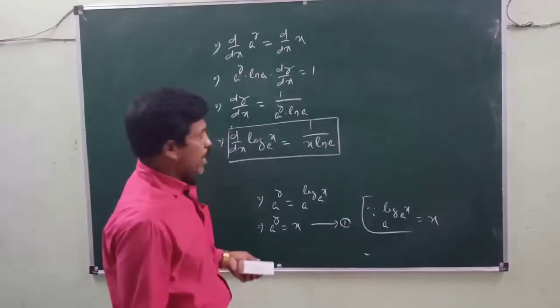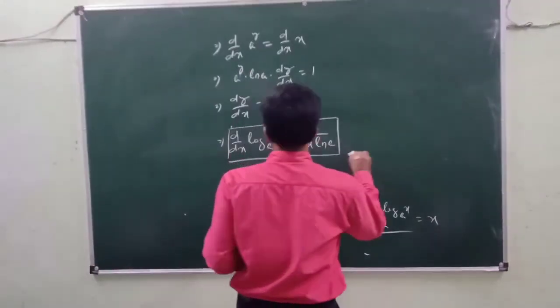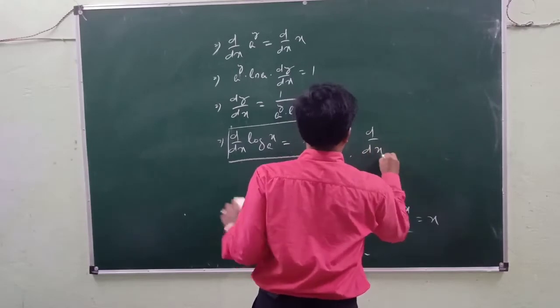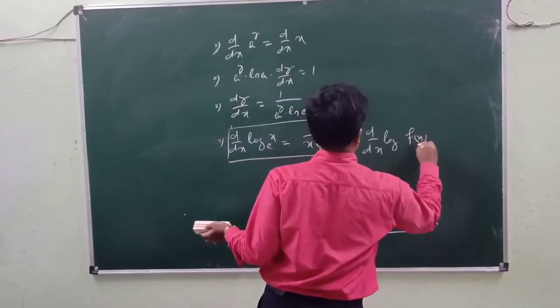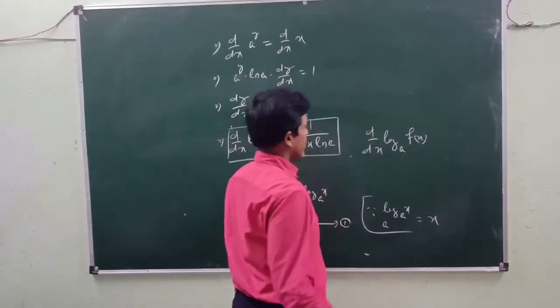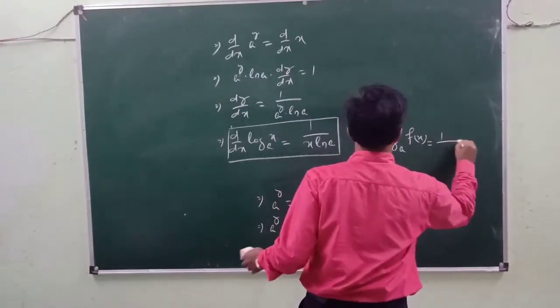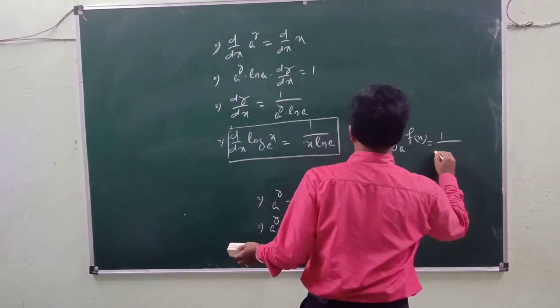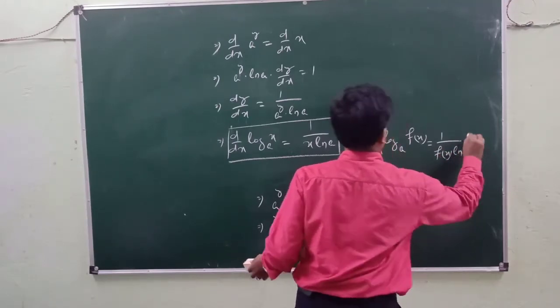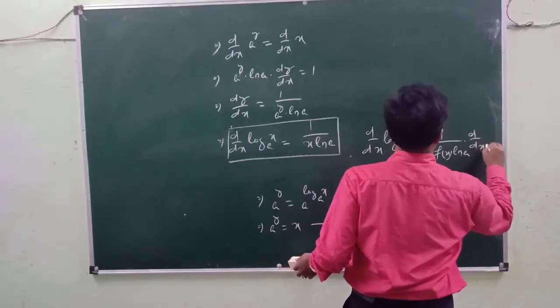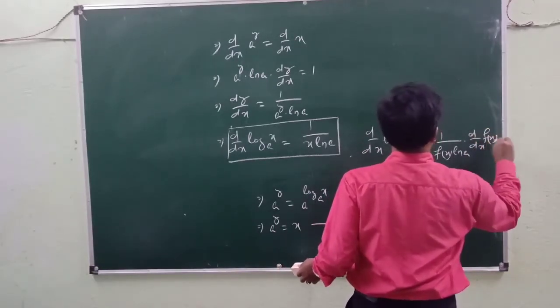Similarly, its general formula: d by dx of log f of x to the base a is the same as 1 by f of x into ln a into d by dx of f of x.